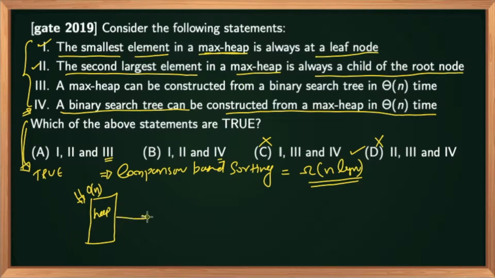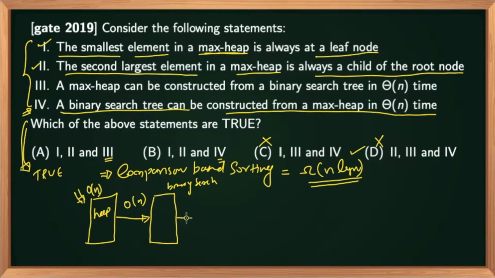Then the choice says that in order of n time, you can convert this heap to a binary search tree. Now, how much time do you need to create a binary search tree from a set of n elements? You will first create the heap, then convert that into a binary search tree, so order of n plus order of n will take only order of n time, right?